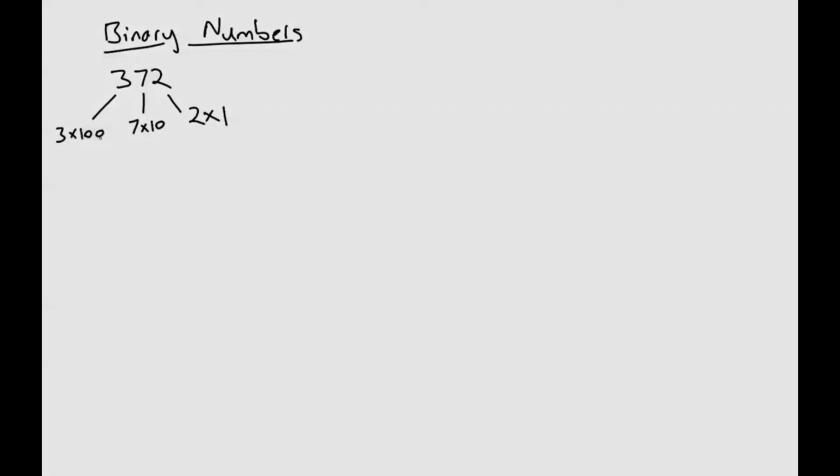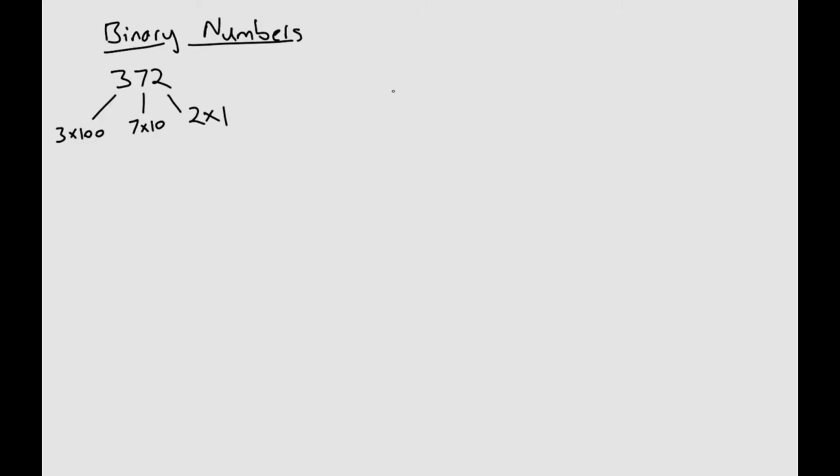So this is the decimal system based on tens, and the rightmost number tells you how many ones you've got, then how many tens, then how many lots of 10 times 10, then how many lots of 10 times 10 times 10, then how many lots of 10 to the power of 5, and so on.